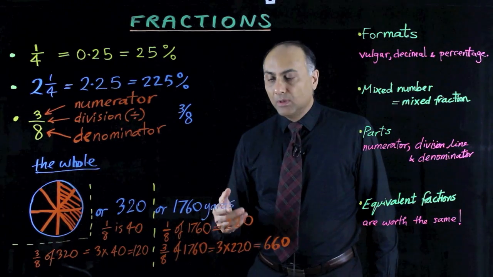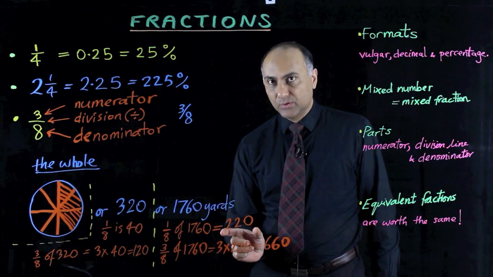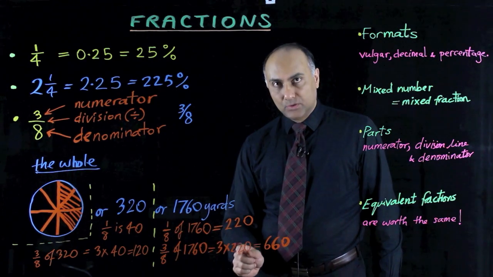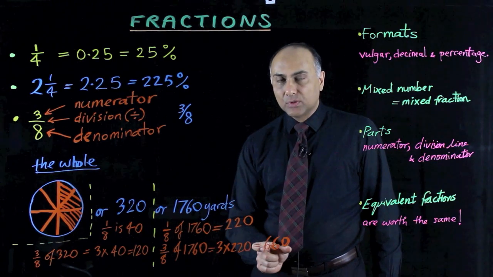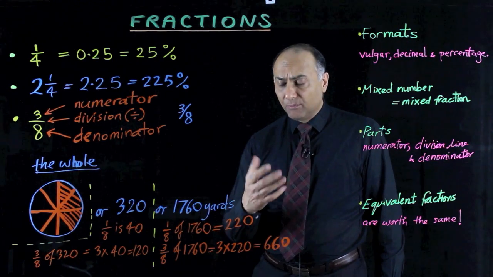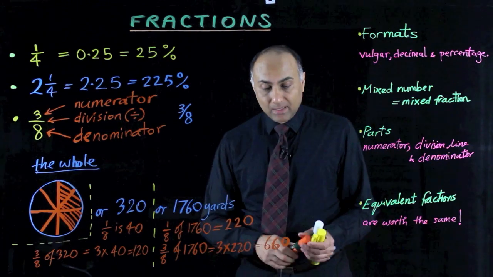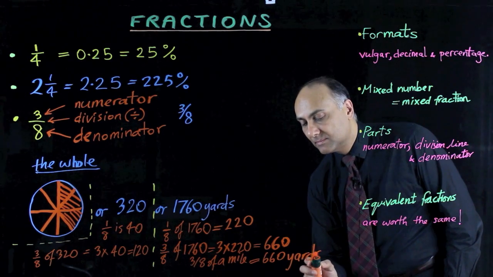Once we've found 1/8 of 1,760, which is 220, to find 3/8, we simply triple 220, which is 660. But of course, that's just a number. 3/8 of a mile should be a distance. So the 3/8 of a mile is 660 yards.